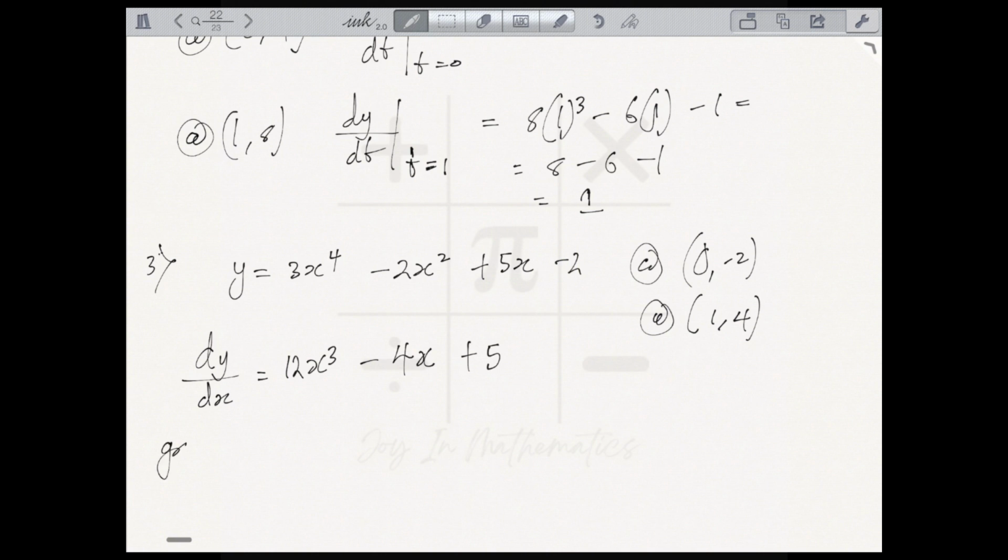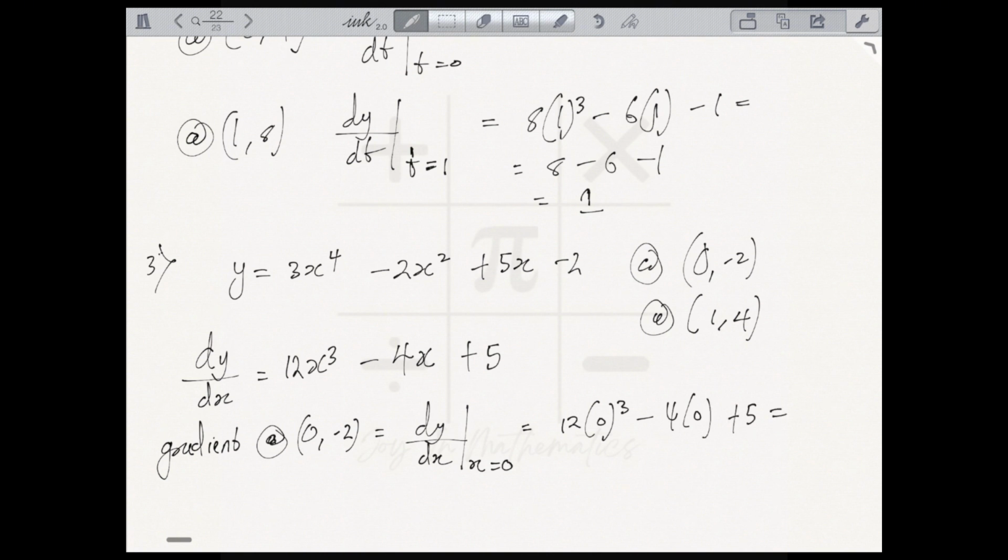So the gradient at 0, minus 2 is equal to dy/dx at x equals 0. So this will give us 12 into 0 raised to power 3 minus 4 into 0 plus 5, and this will give us 5.